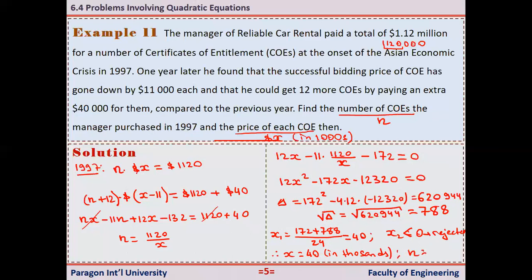If I substitute, we can get the value of n. 1120 divided by 40 is equal to 28. All right, that is one example from business.